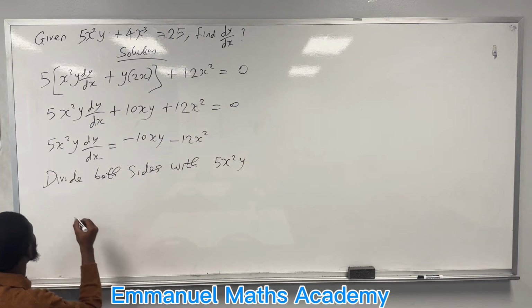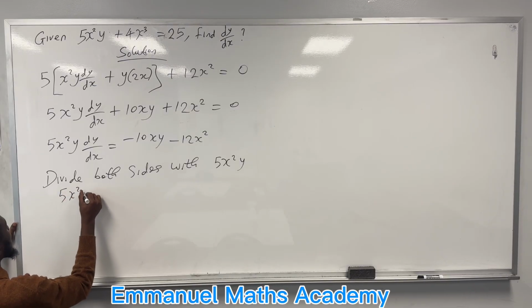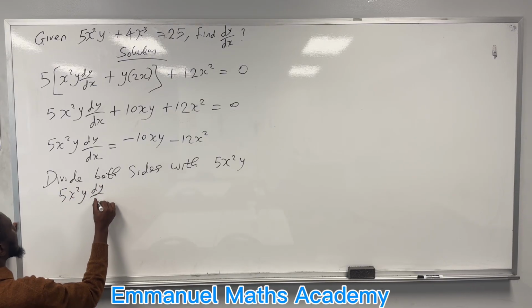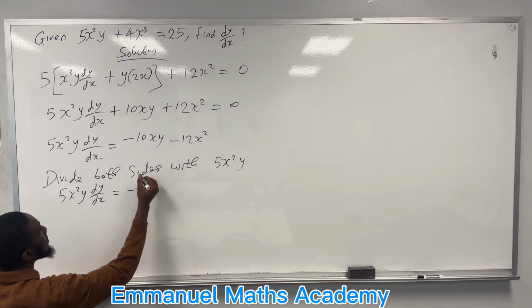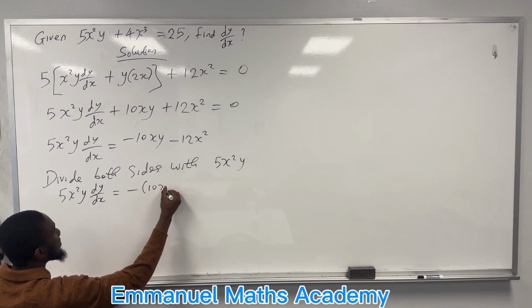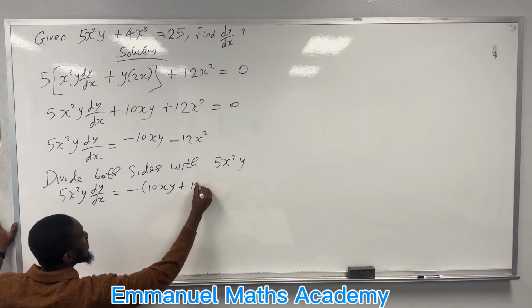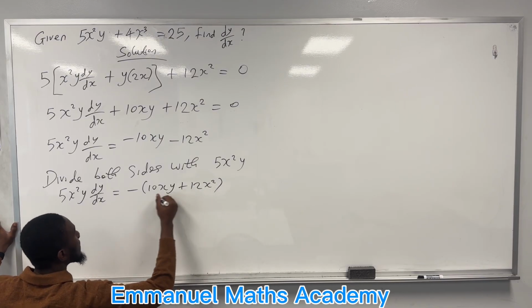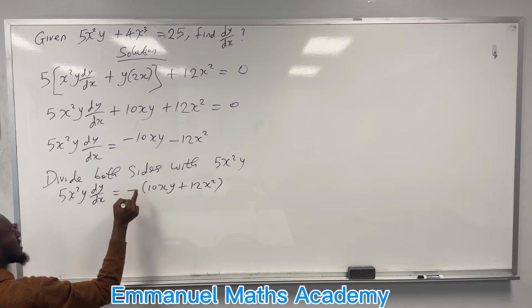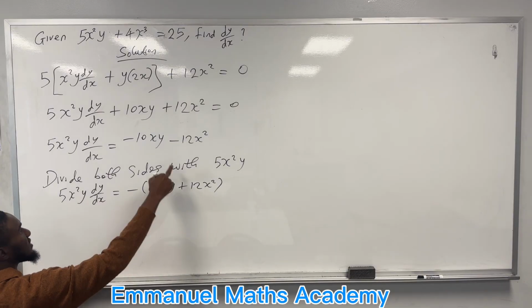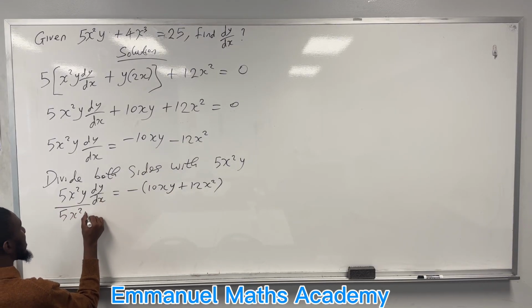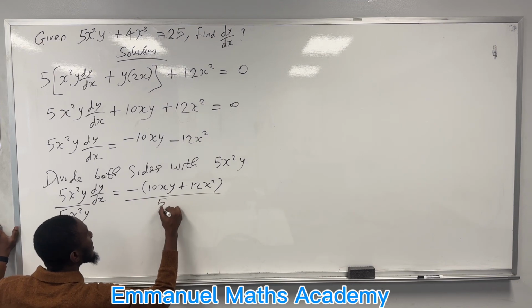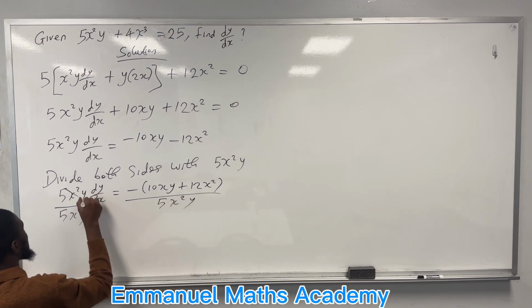Hence we have 5x squared y dy/dx equal to minus, let's factor this out, only factoring out the minus. If you use this minus to distribute into this, you get the same thing. So we are dividing both sides by 5x squared y over 5x squared y. So this will cancel this.